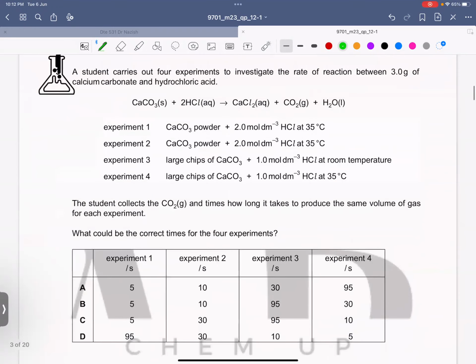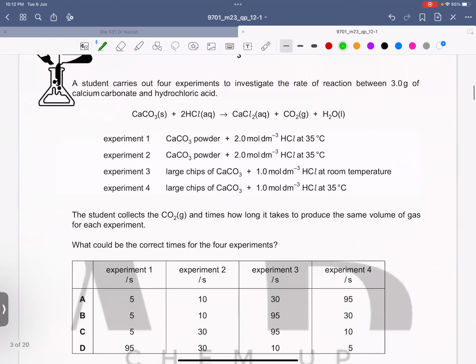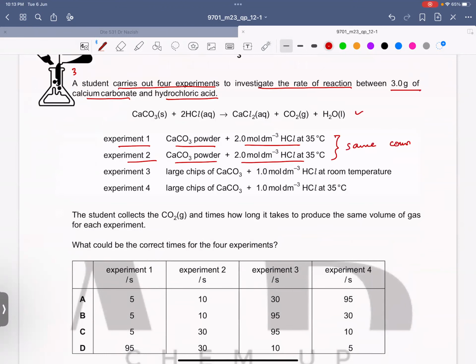Now, question number 3. A student carries out 4 experiments to investigate the rate of reaction between 3 grams of calcium carbonate and hydrochloric acid. So, this is the equation. All the conditions are the same for experiments 1 and 2.